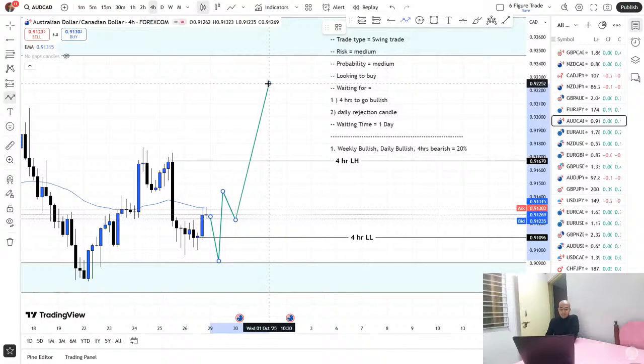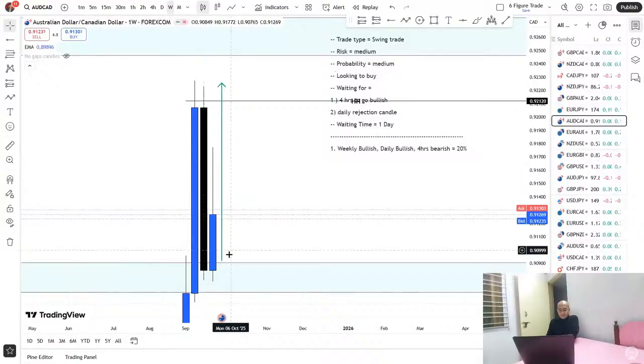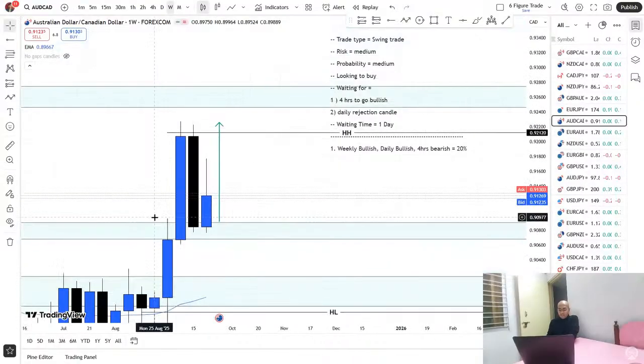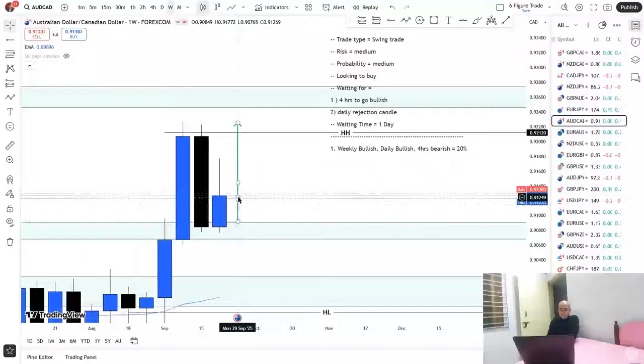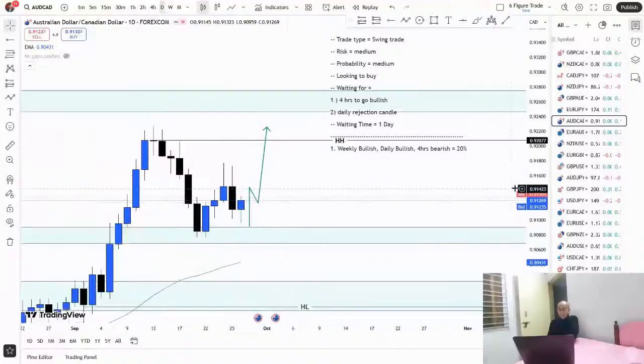This push down will create the weekly wick for the next weekly bullish candle. Okay, so this week is not going to go down maybe, but something is going wrong here. Let me just confirm once again.